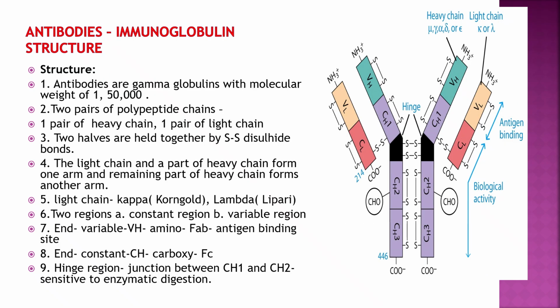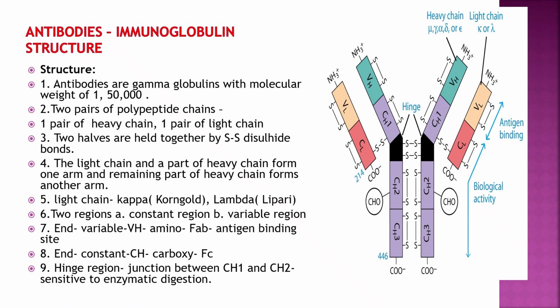The structure of antibodies: antibodies are gamma globulins with a molecular weight of 150,000. Two pairs of polypeptide chains are there, one pair of heavy chains and one pair of light chains. The two halves are held together by disulfide bonds. The light chain and a part of the heavy chain form one arm, and the remaining part of the heavy chain forms the other arm. The light chain is of kappa or lambda type.